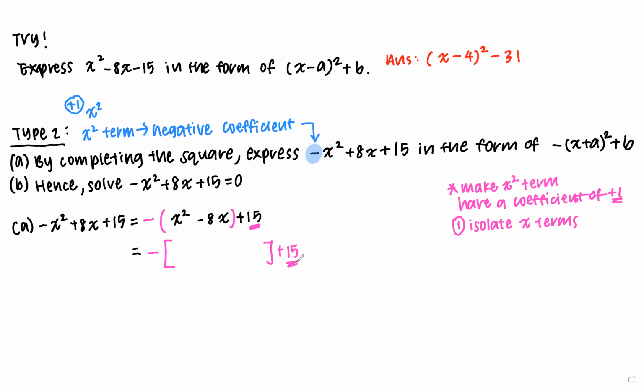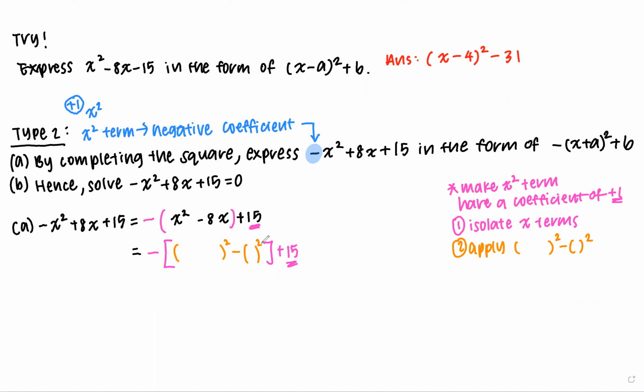Now what is the second step? I did it in orange just now, right? Okay, what's the second step? Apply the fat square minus skinny square. So I have a fat square minus skinny square.